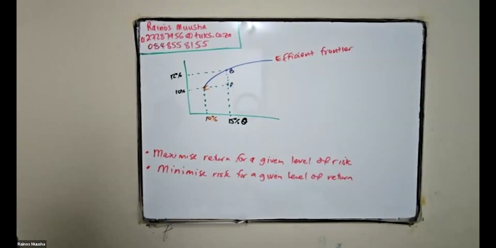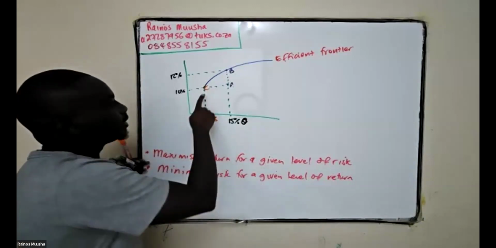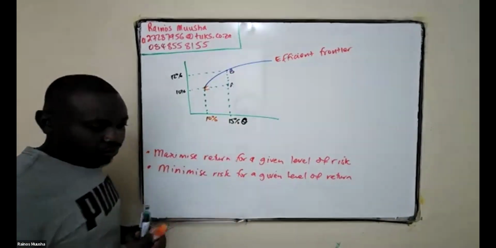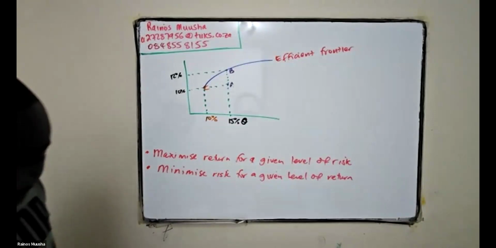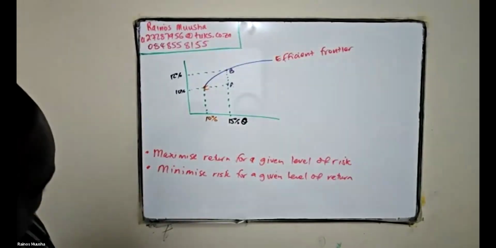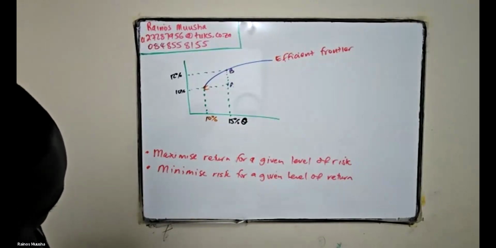Are we together then? What if you're asked to choose between investment C and B? What would you choose? If you're asked to choose between investment C and B, which one would you choose?